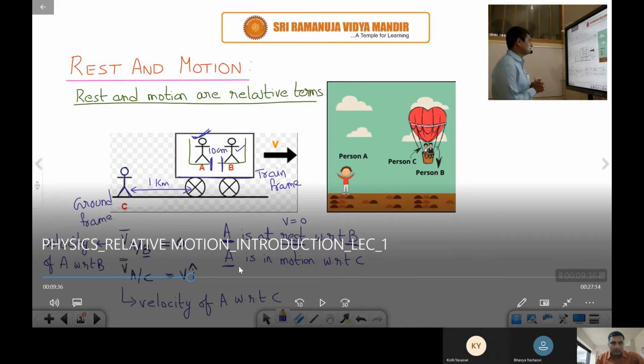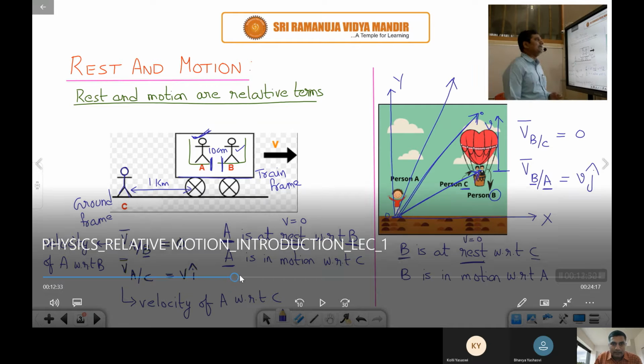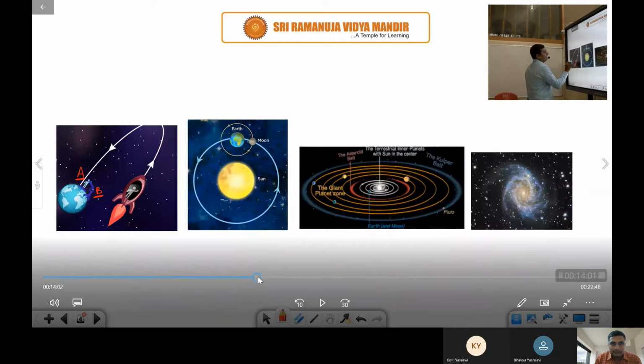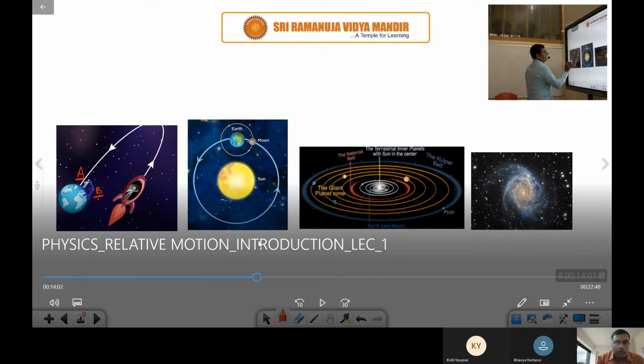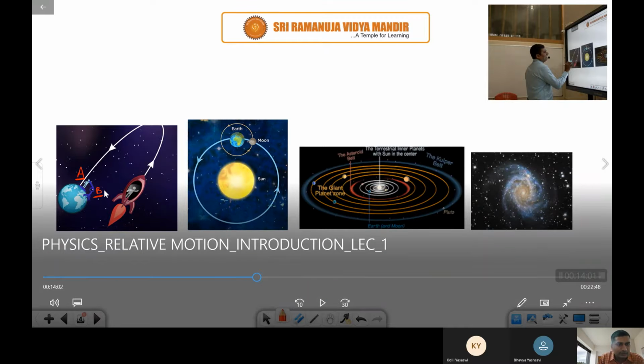One more term is there, that is called reference frame. After this, I'll tell. Now you see, in the entire universe, no object is at absolute rest or in motion, correct or not? Yes, sir. I gave you the examples also.